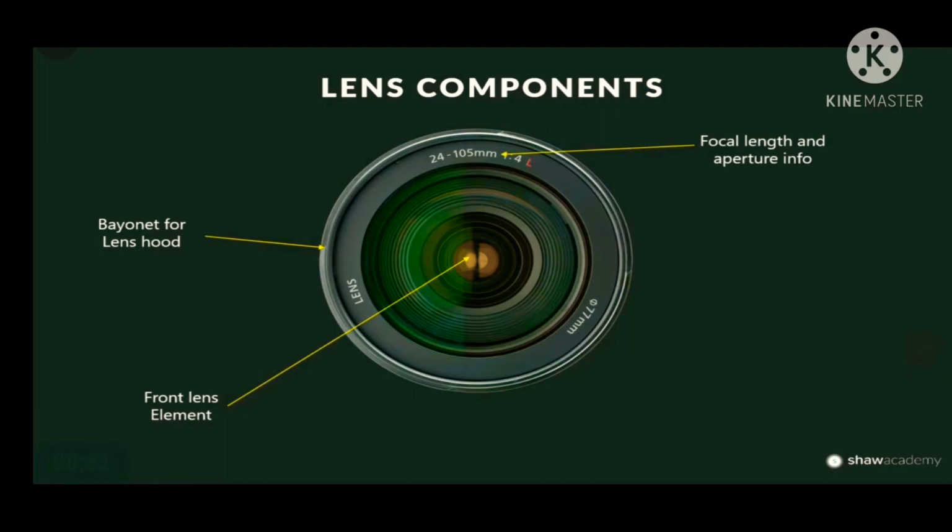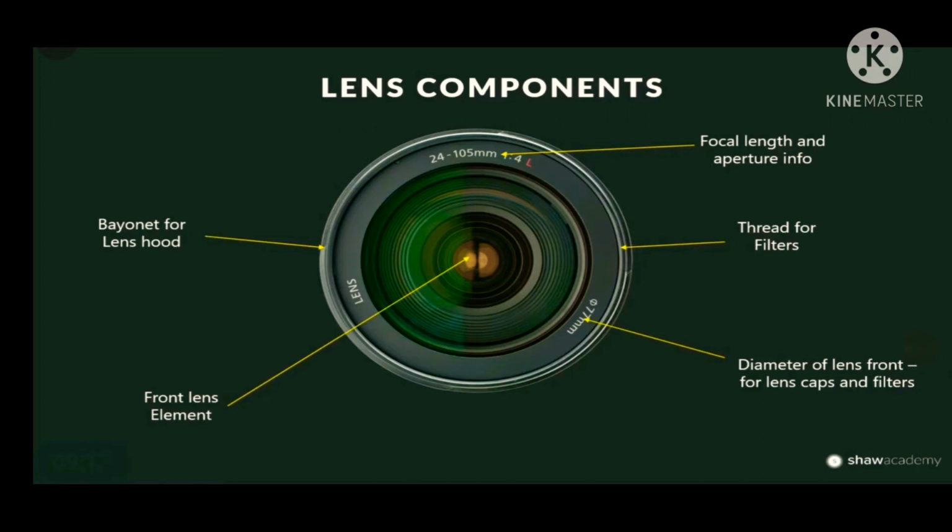We have our focal length and aperture info displayed on the front of the lens as well. So in this case, we're now using a 24 to 105 millimeter lens. Okay, we have a thread for attaching filters like UV filters, neutral density filters, polarizing filters, all of which we'll talk about in module number 2. And finally then, we have the diameter of our lens front.